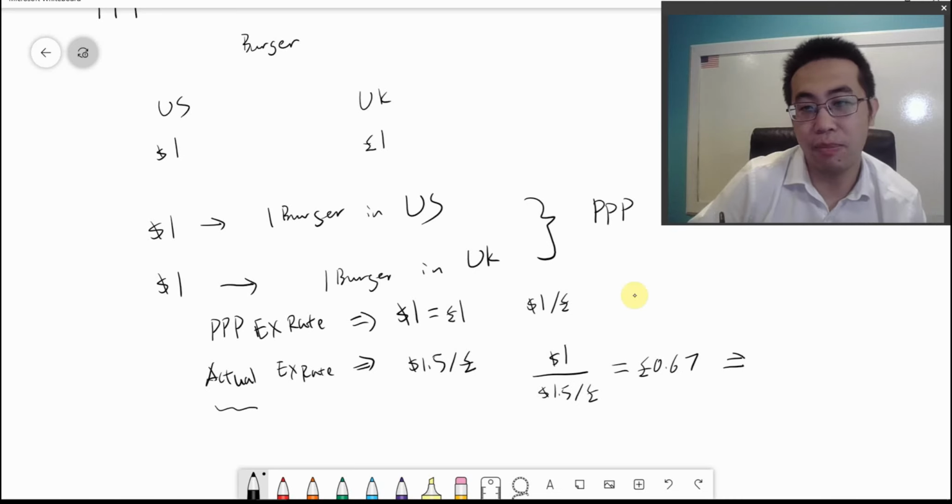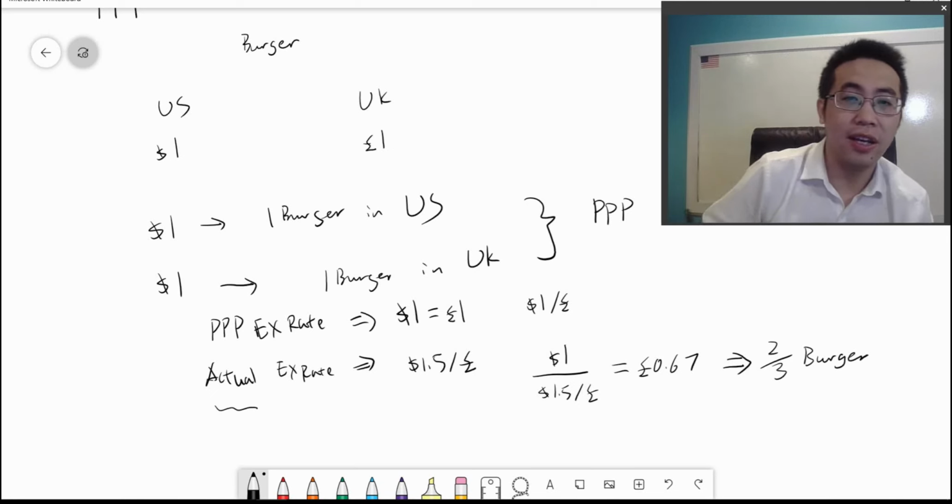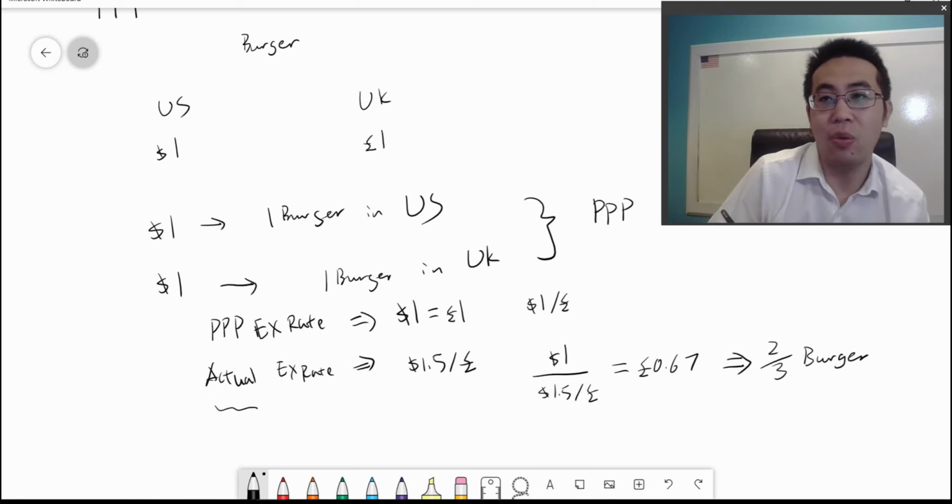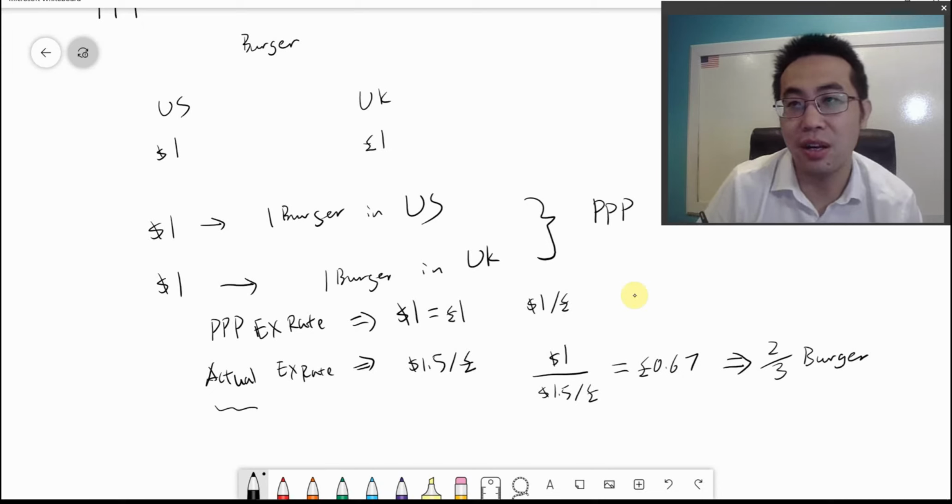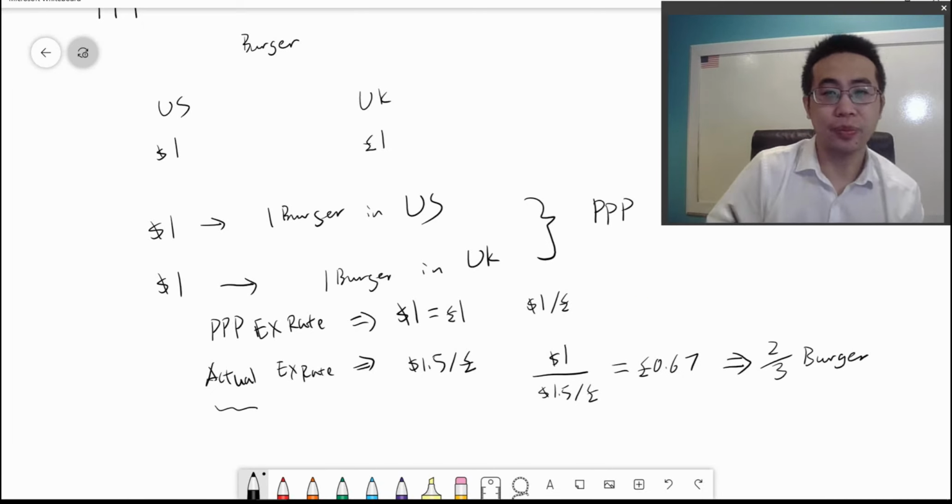Does that give us a burger? No, it can only get us 2/3 of a burger. So that's a violation of purchasing power, when $1 cannot buy the same stuff in another country as what we can in the US at home.